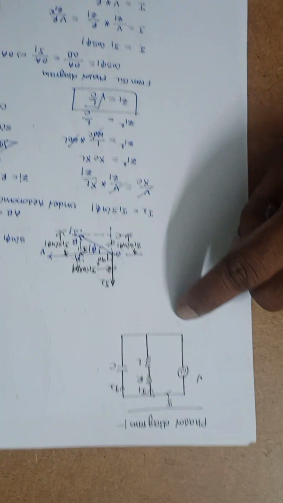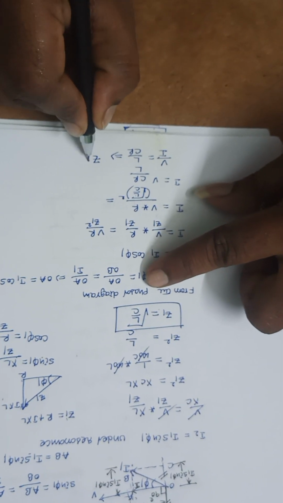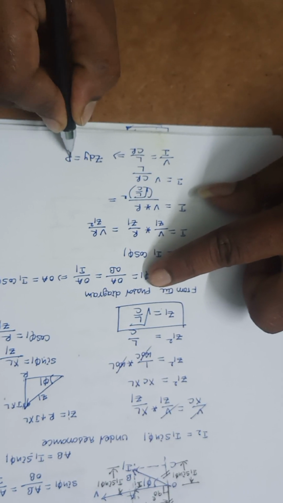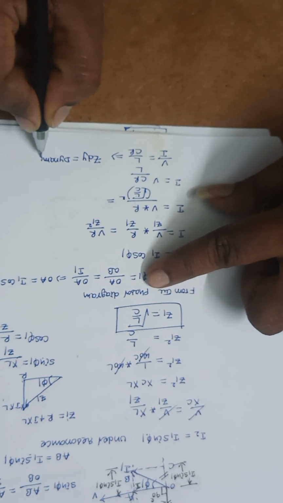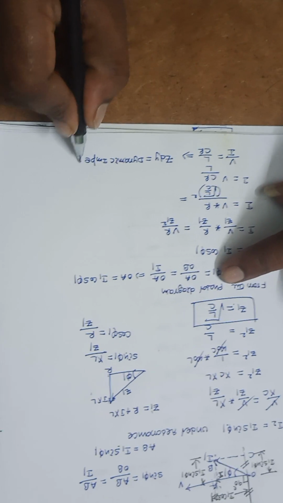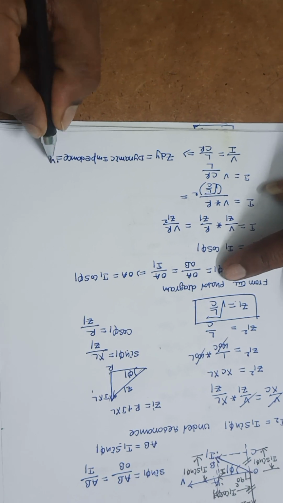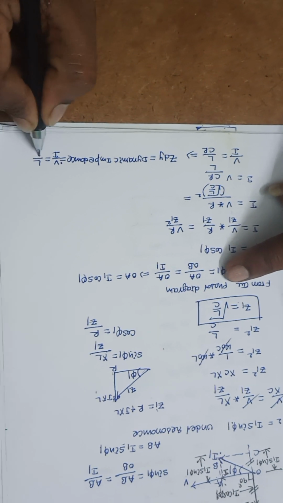Under resonance condition, this is the dynamic impedance of this circuit, equal to V by I, which is equal to L by CR.